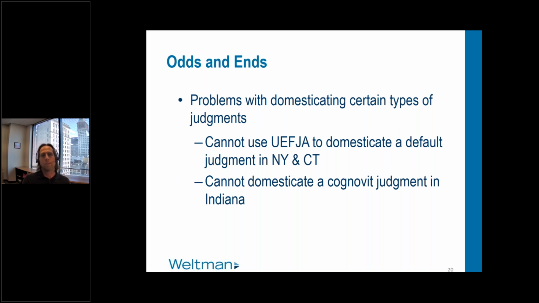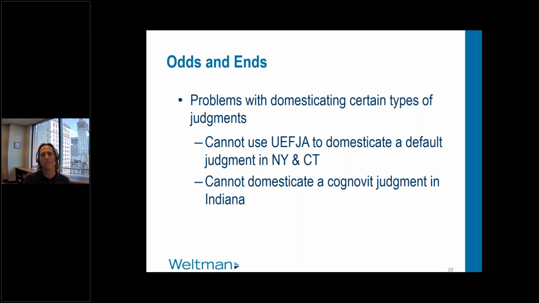All right, there are some hiccups with just a few different types of judgments, because overall it's a pretty streamlined procedure that's been created by UEFJA, but there are states that have taken a look at certain types of judgments and make the procedure more challenging. New York and Connecticut are just two examples where you can't use the streamlined procedure to domesticate a default judgment.